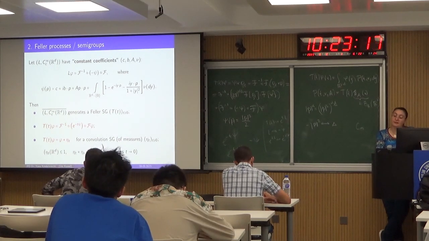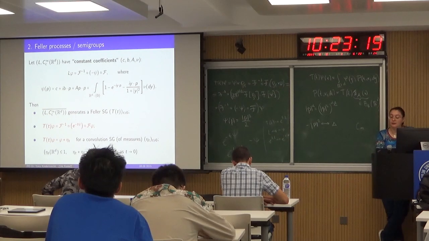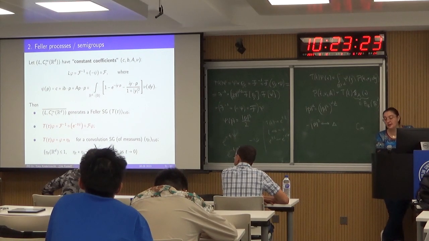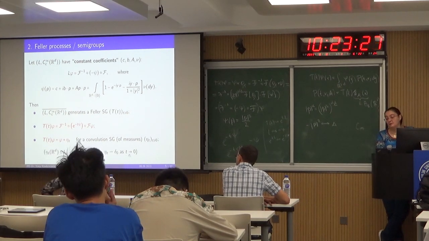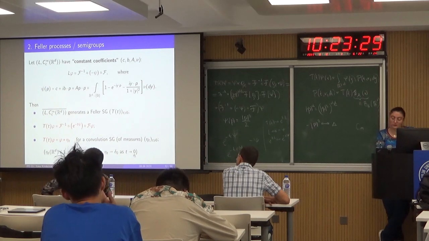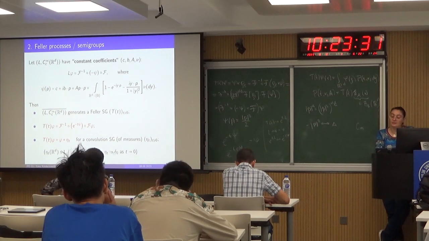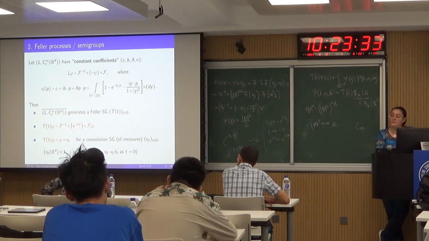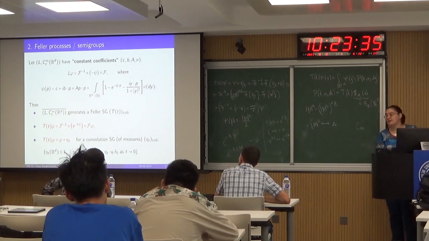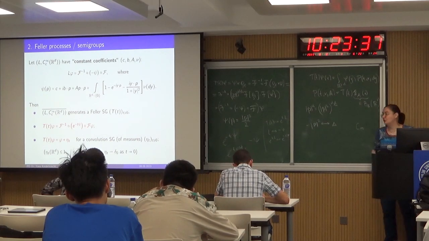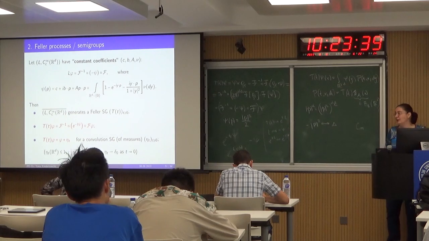And there is an extra continuity condition that the measure eta t tends to the measure concentrated at 0, when t tends to 0, converges in some reasonable sense. It is vague convergence. It is something weaker than weak convergence, but we are not going to discuss all these technical things.